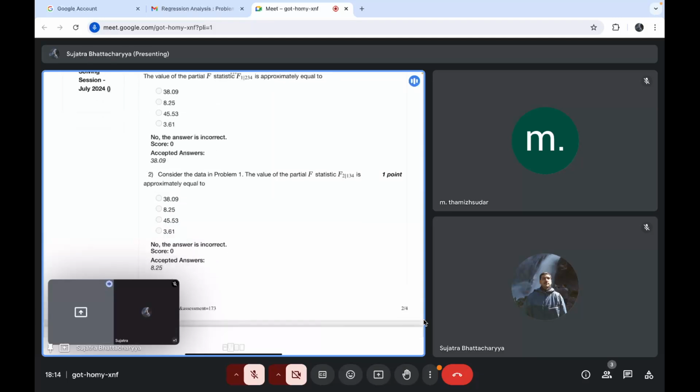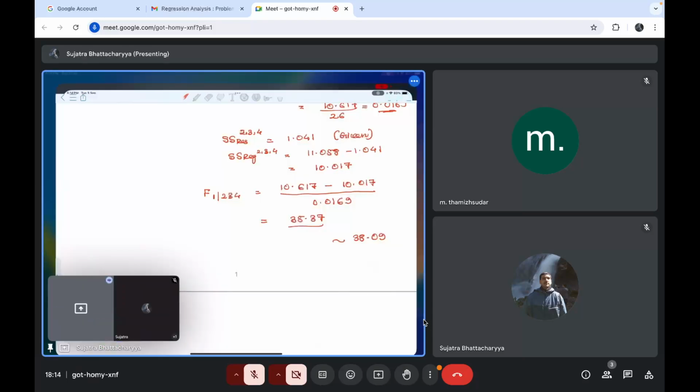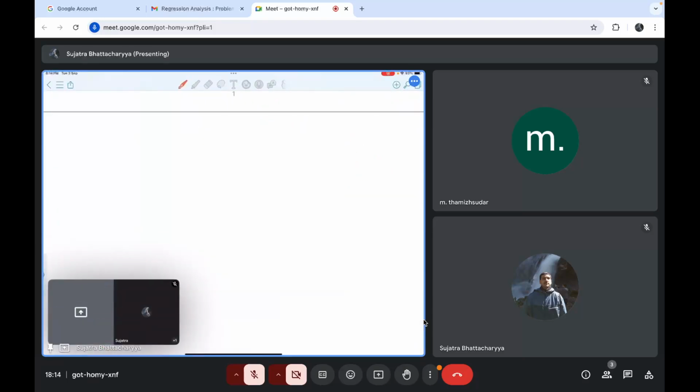Okay, the next question is partial F statistic of x2 in the presence of 1, 3, 4. So let's do it again in the same way. Okay, this is for question 2, which asks for the partial F statistic of x2 in the presence of the regressors 1, 3, and 4. And then what is the definition of that?